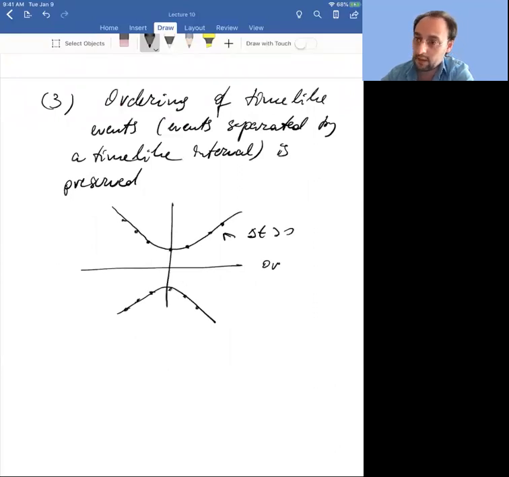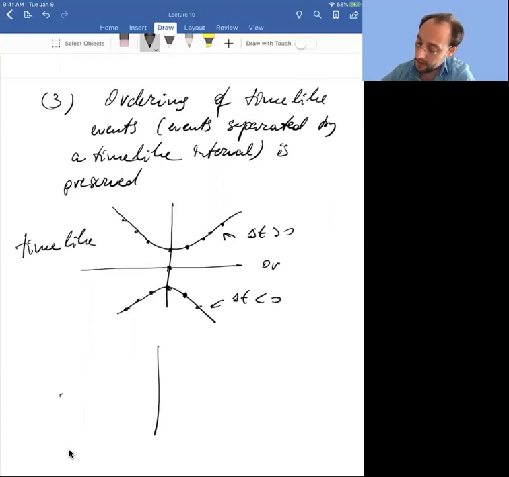So event 1 is at the origin, event 2 is here or here, or here or here. So the ordering, the sign of delta t, is preserved. So this is time-like.